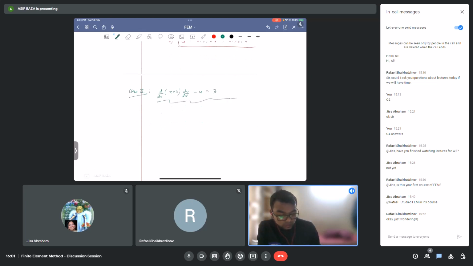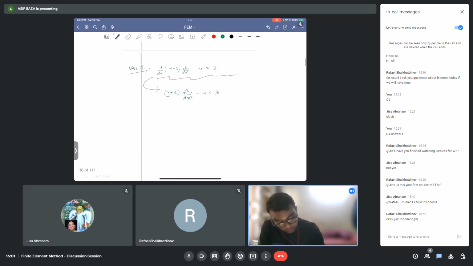This is not the right way to write it exactly. It should actually be d²u/dx² minus u equal to 3. Let's try this time with this.